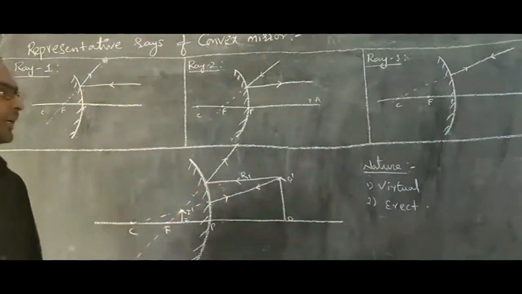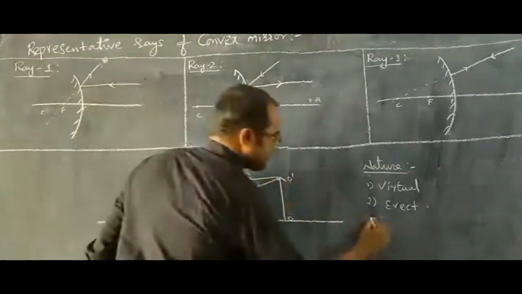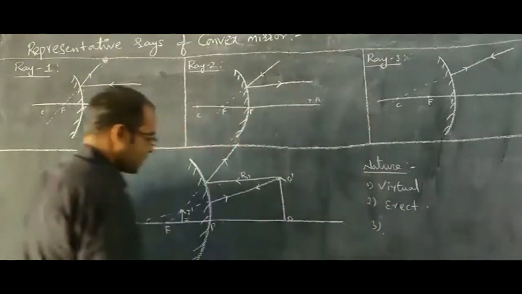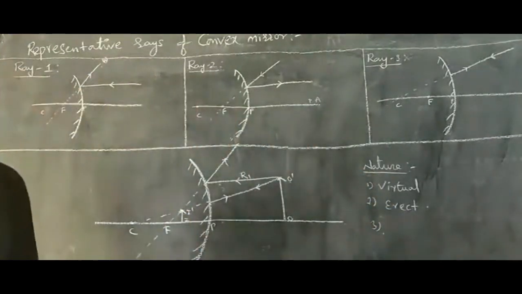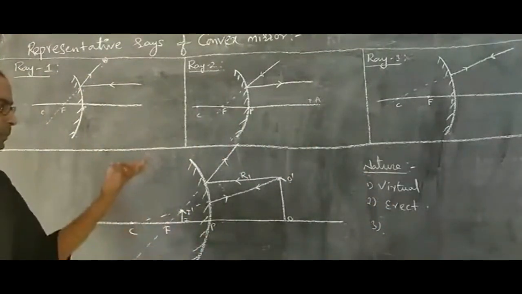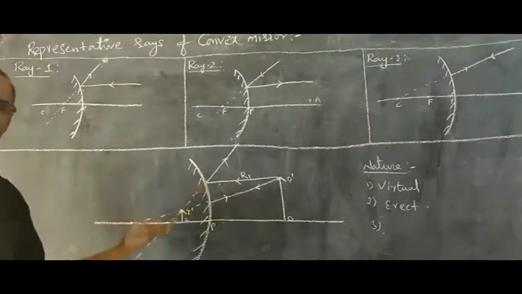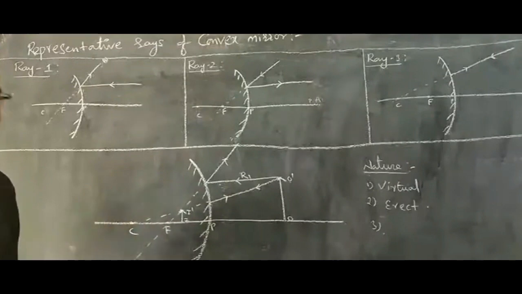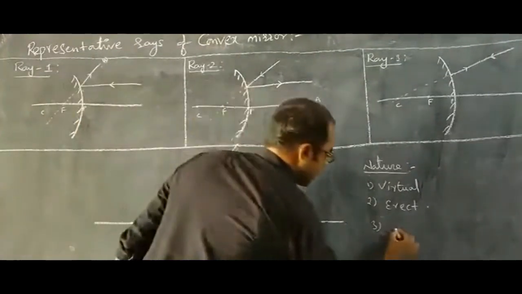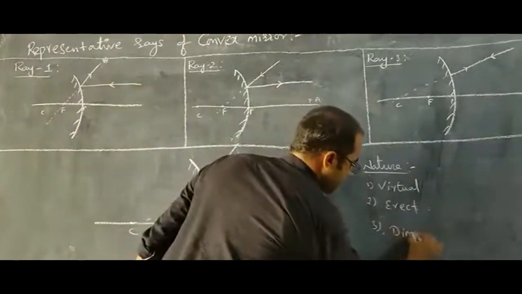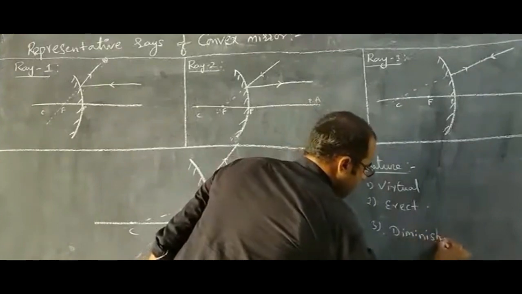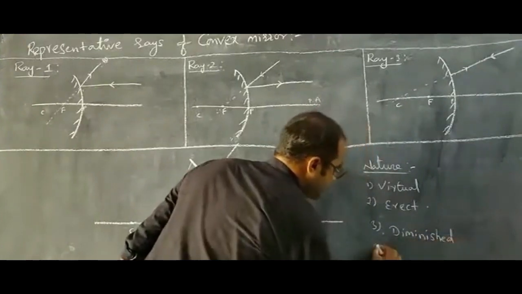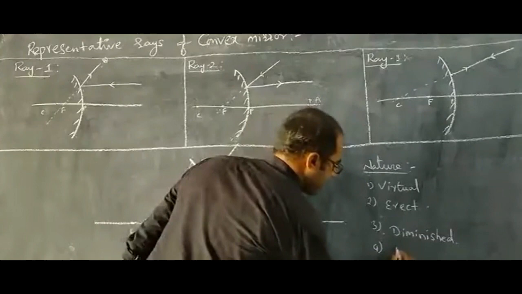Virtual, erect. Is it a diminished image or an enlarged image? The image is smaller than the object, larger than the object, or the same size as the object? It is smaller in size. It is a diminished image. And where is it formed? It is formed inside the mirror.